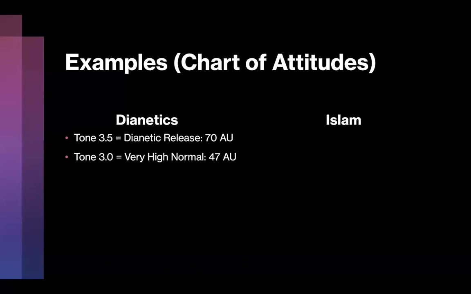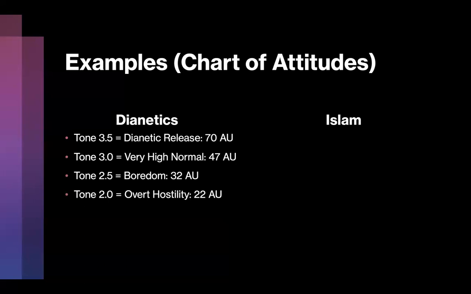If you look at tone 3.0, that's called a very high normal, correct? Yes, sir. Okay. Yes, that's the chart, Brother Eric. And he gives the value of 47 attention units on that level. As we descend, we have tone 2.5, which is boredom, and he assigns that 32 attention units.